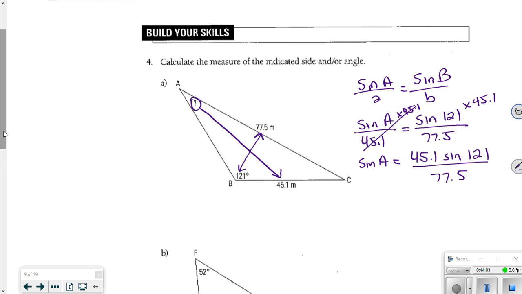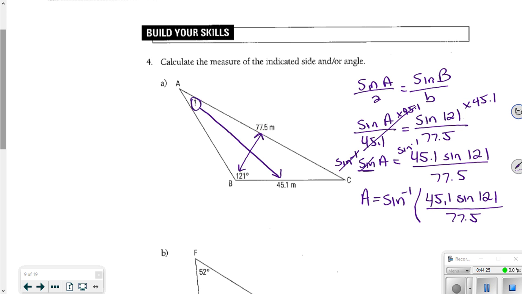To solve for our angle, we still have to get rid of this sine piece over here, so we need to do the inverse. That makes it cancel out. So angle A equals the inverse sine, or sine -1, of 45.1 sine 121 divided by 77.5.